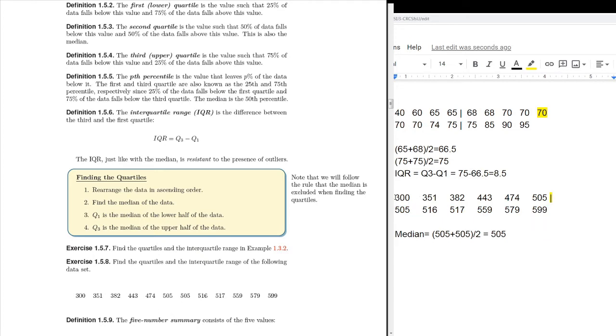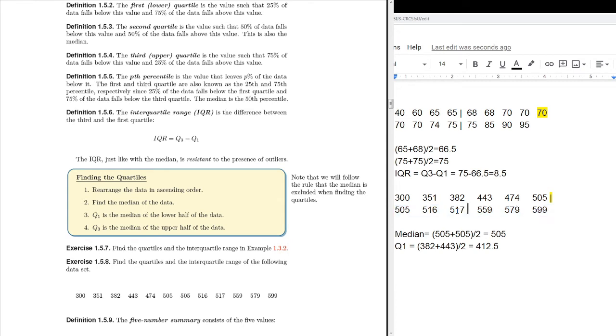So the first quartile is going to be the median of this data set, and since there are 6 values, we need to take the average of the middle 2, and so the first quartile is going to be 382 plus 443 all over 2, and this is equal to 412.5. The third quartile is the median of the upper half of the data.